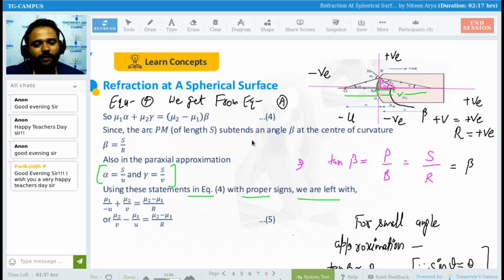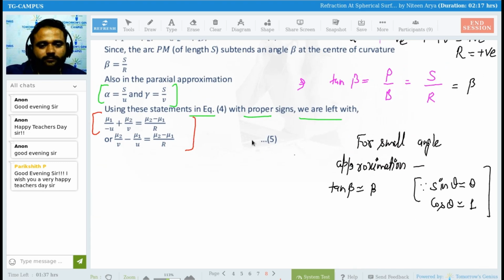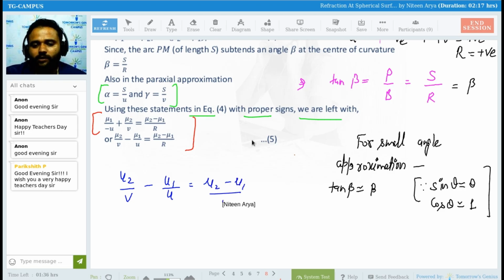So putting these in, S we can take out of alpha, beta and gamma, and the common factor we can cancel. So this is your one famous relation: mu1 upon minus u plus mu2 upon v equals mu2 minus mu1 by R. Or, in great detail, how can we write it down? This is mu2 upon v minus mu1 upon u equals mu2 minus mu1 upon R.